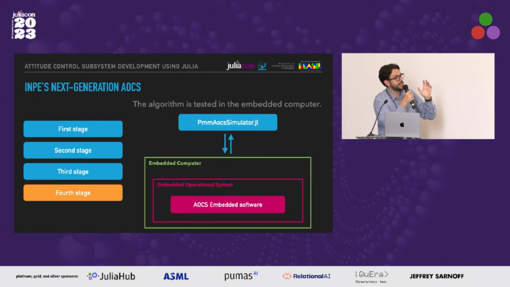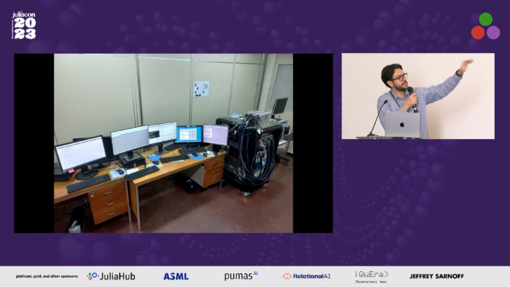And in the last stage, we take this code and pass it to the computer team, which integrates it inside the satellite embedded operating system and executes a hardware-in-the-loop simulation. It is working right now. Here is our test laboratory in Brazil.